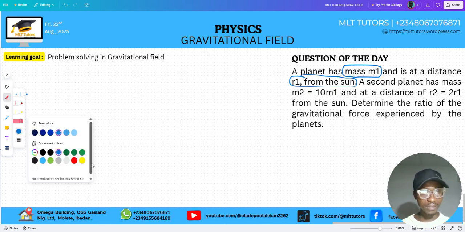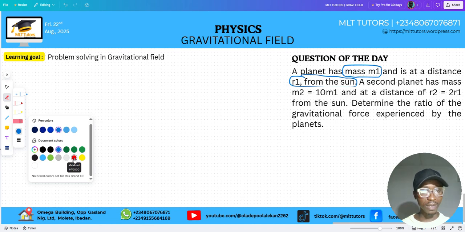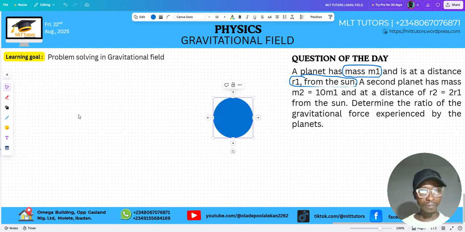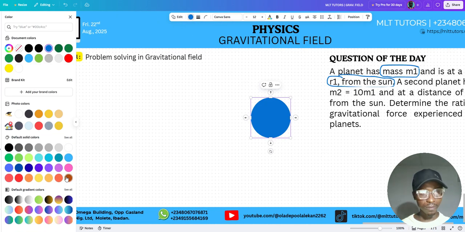Let's get our Sun. I think we can manage to use yellow to represent Sun. I need a shape. Good. Let me change the color. Okay, let's use this.